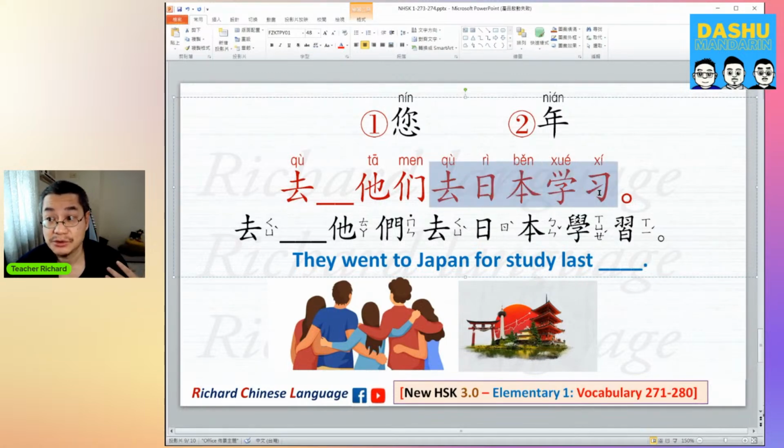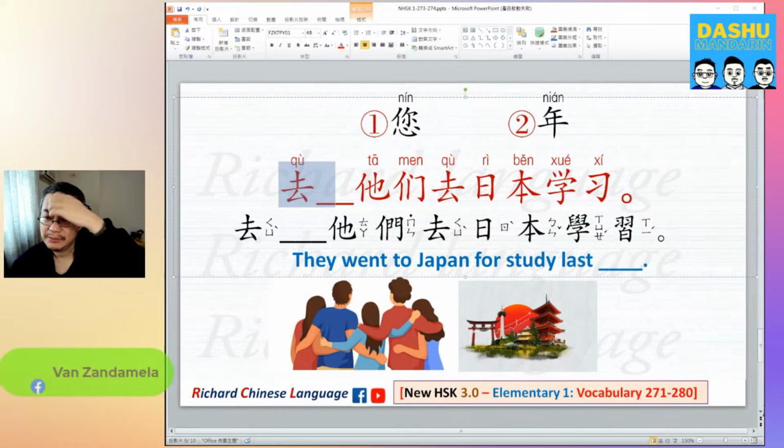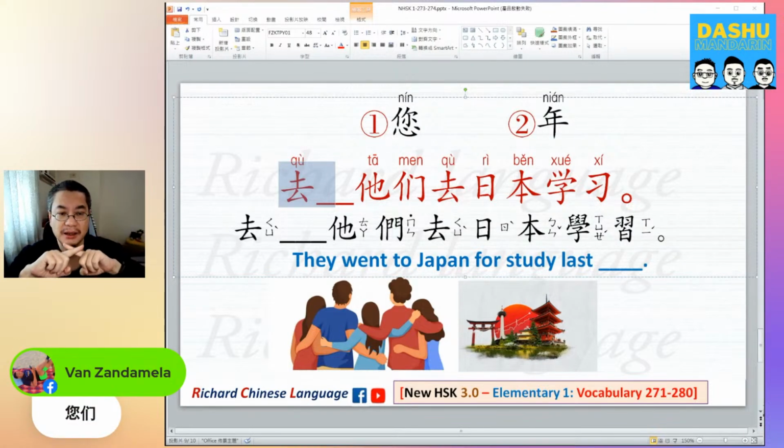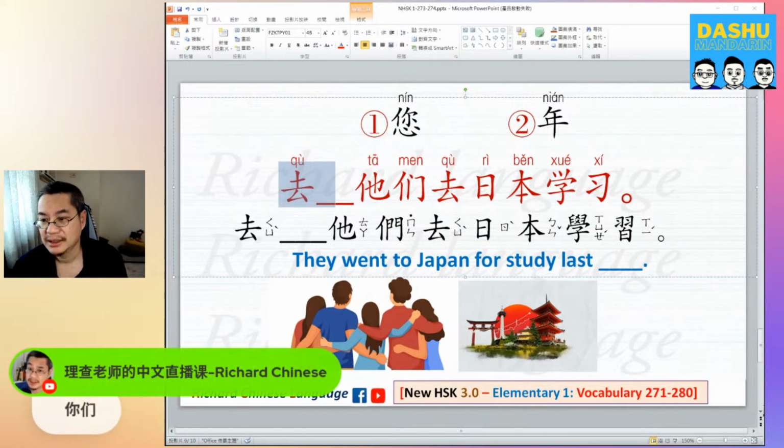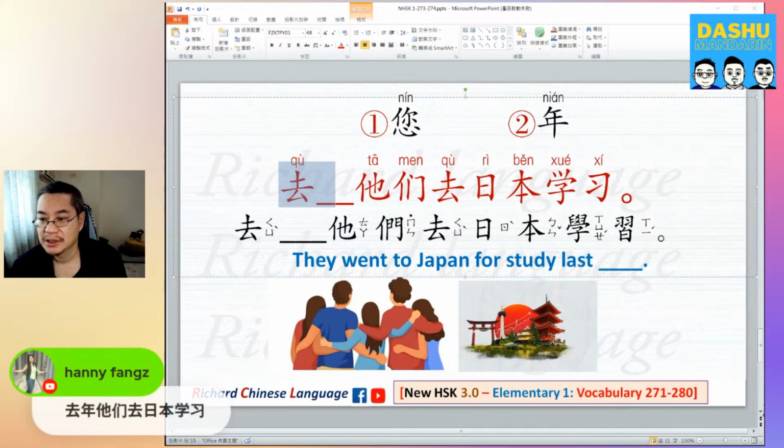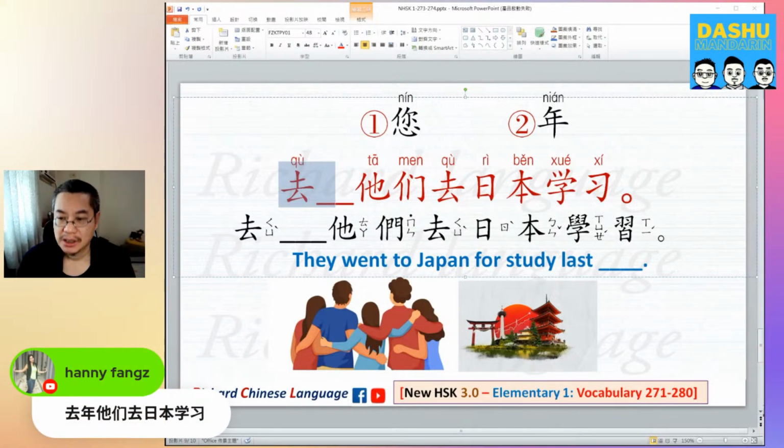So 去日本学习 means went to Japan and studied. So what's the answer here? Don't say 您们. We say 你们. No 您们. 去年他们去日本学习. Good. 去年他们去日本学习. Very good.